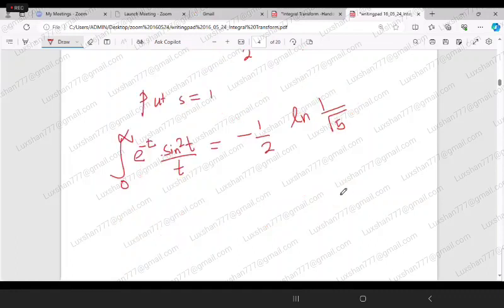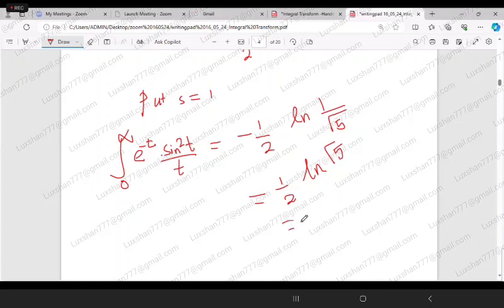So this is equal to, without the minus, you can write it as half times ln square root of 5.